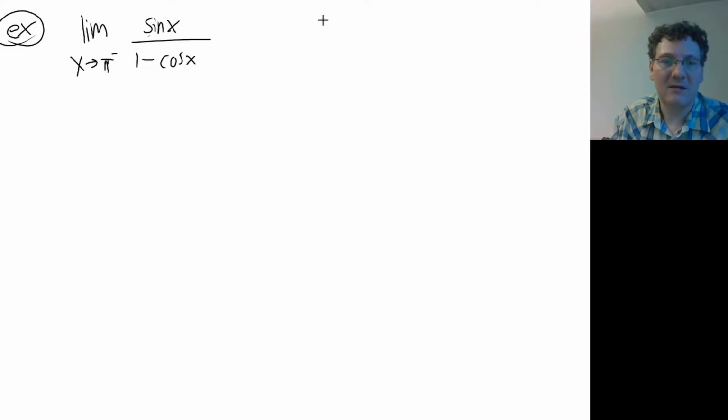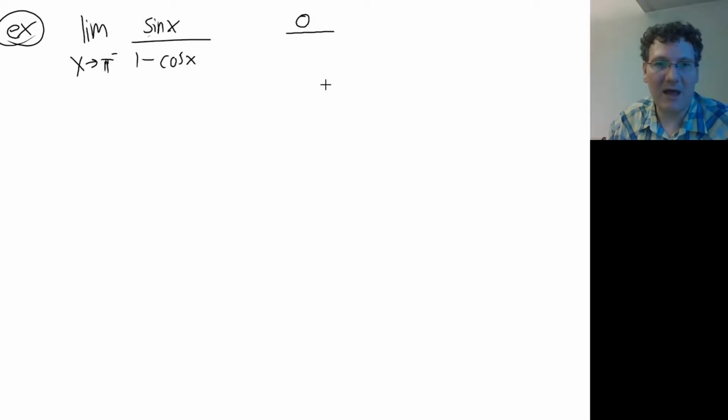What you get is the sine of pi, which is 0, and 1 minus the cosine of pi, which is 1 minus negative 1. That's 0 over 2. That's not an indeterminate form.